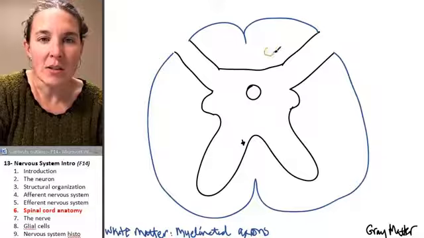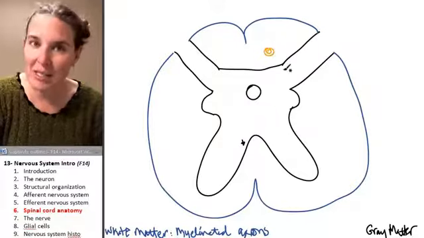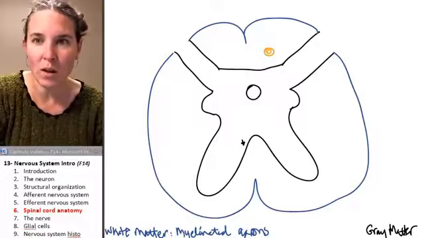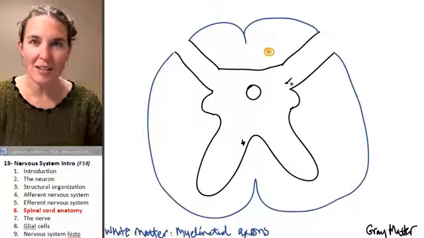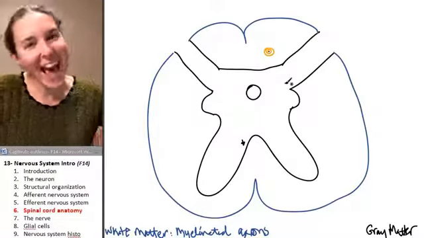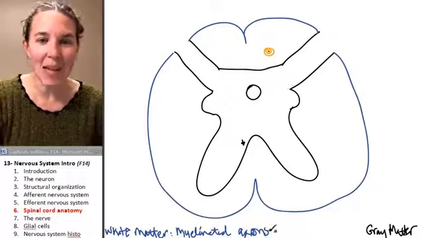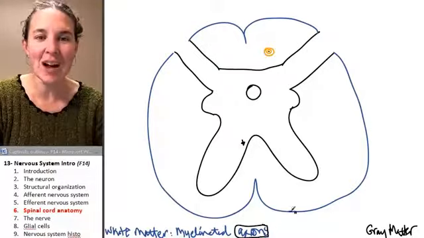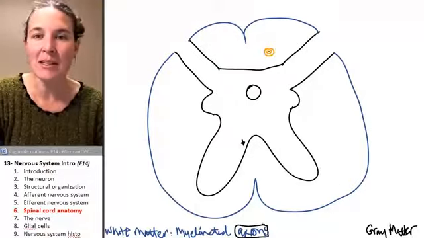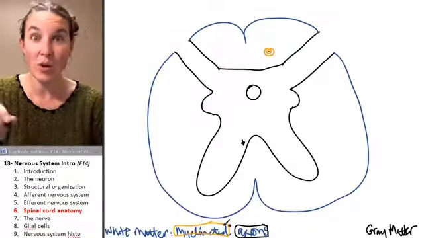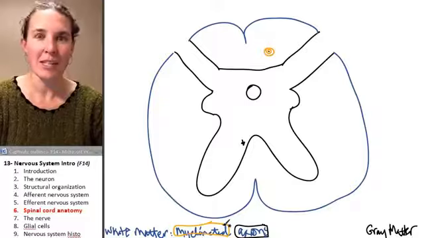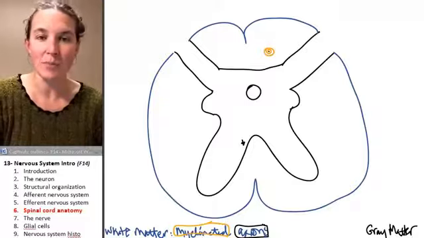Here's a little bubble of myelin. Kind of looks like a little cinnamon roll. And there's a little dot in the middle of it. What's the dot? That's the axon. The axon is this tiny little dot in the middle. The myelin is that lovely orange circle, cinnamon roll, surrounding it. We'll see in a second why it looks like a cinnamon roll.